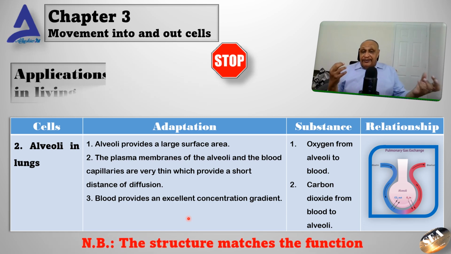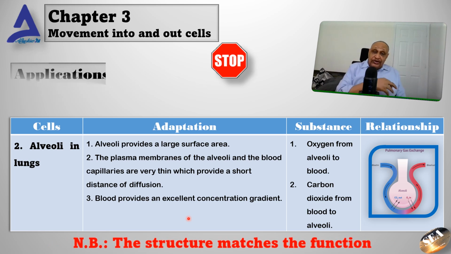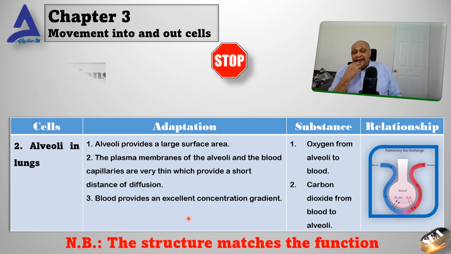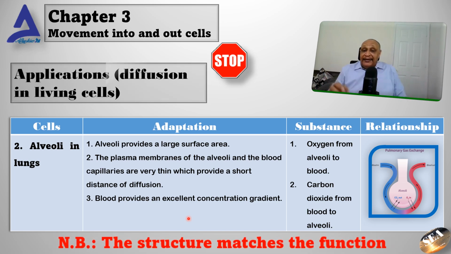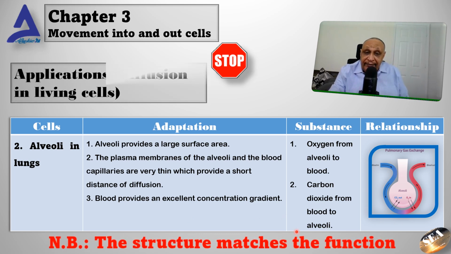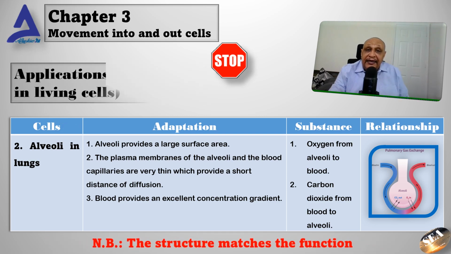So carbon dioxide moves from the blood, from high concentration to low concentration, into the alveoli, and then is expired to the outside. And this is how it works here in this diagram. So it is another type of adaptation that is important for diffusion in living cells.